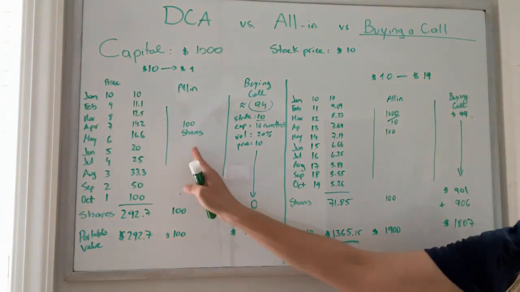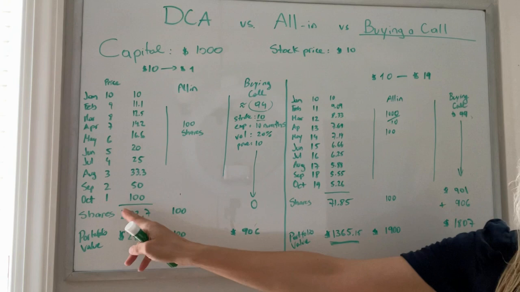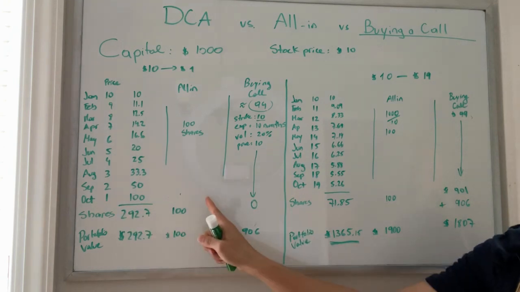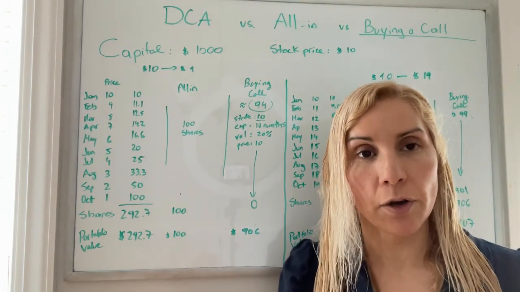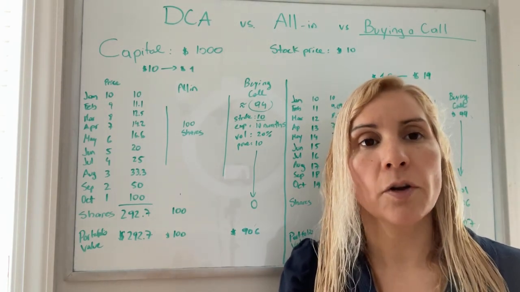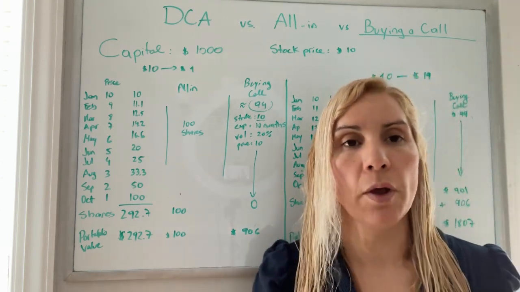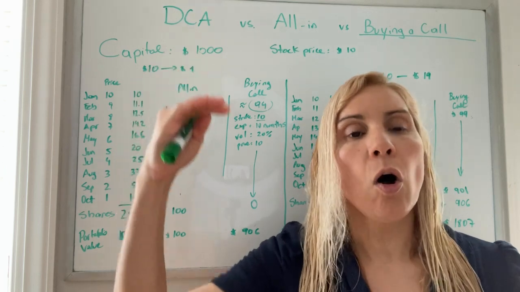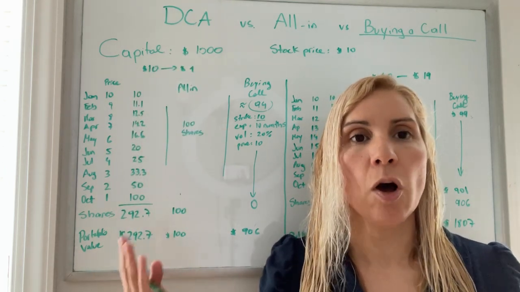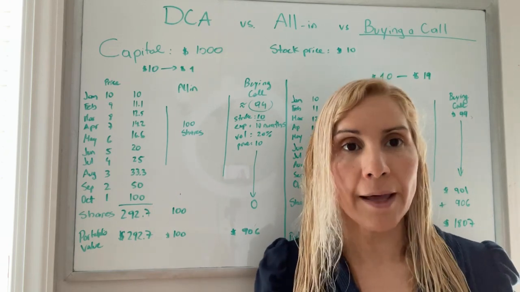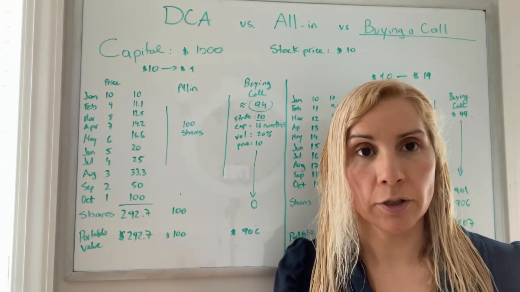So that means that now we own 100 shares, and at the end of that period they're trading at $1, which means that our portfolio value is going to be worth $100. So again, we went from $1,000 all the way to $100 because we deployed all of our capital right at the beginning before the share price went down drastically.